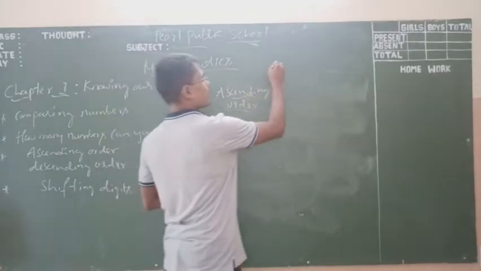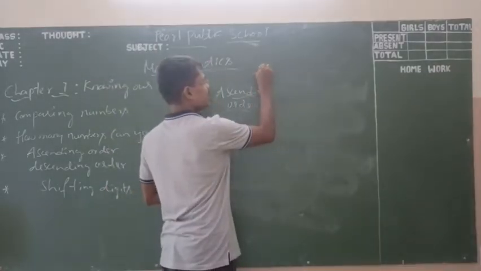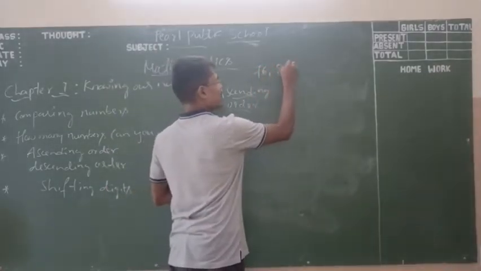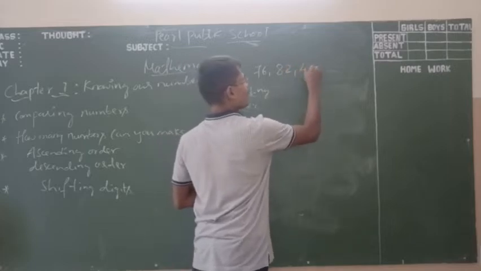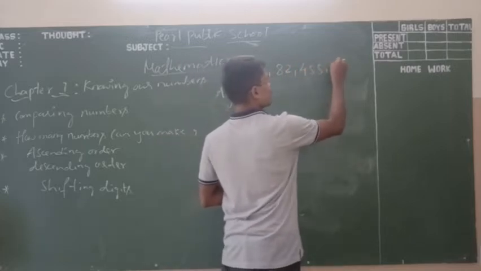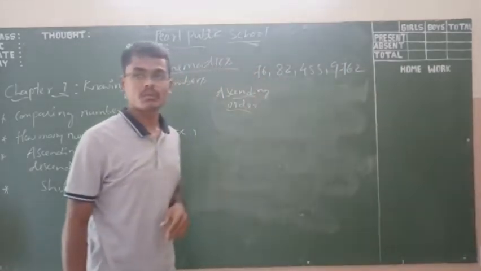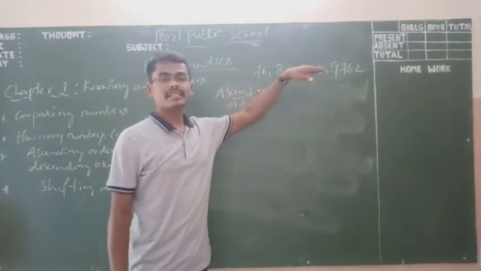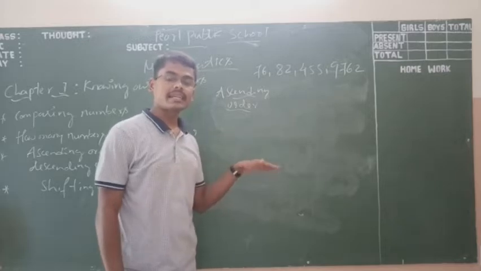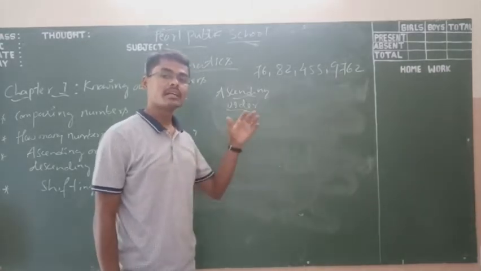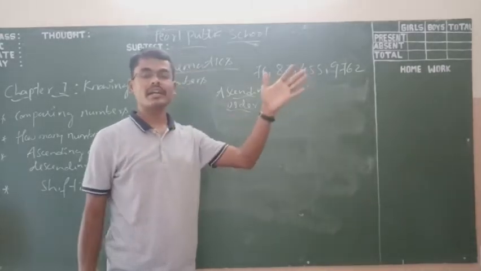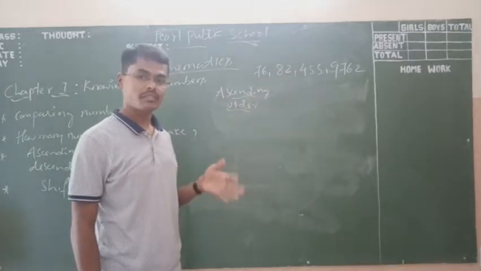For example, I am going to write some numbers here: 76, 82, 455, 9762. I have taken 4 numbers. For these given numbers, can we make the ascending order? Can we have some smallest to the greatest number form? Yes, we can write.